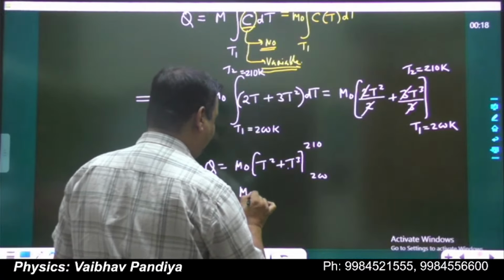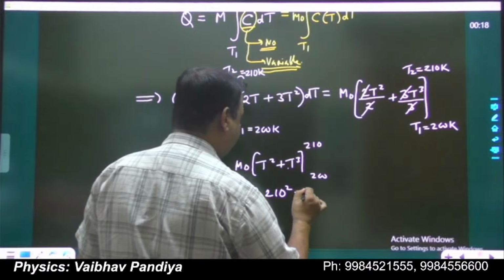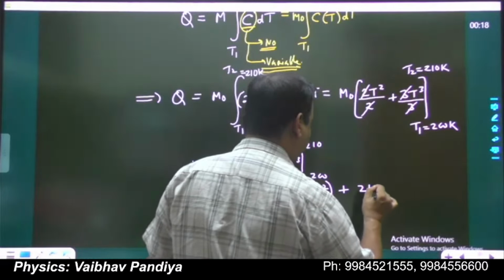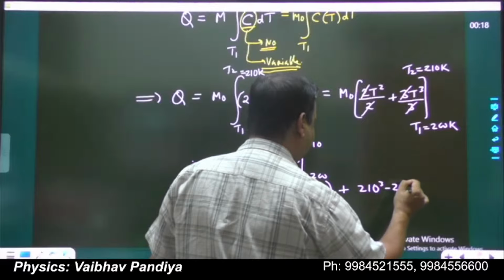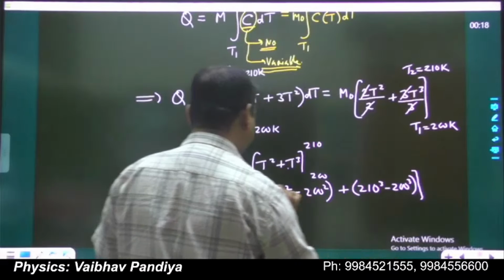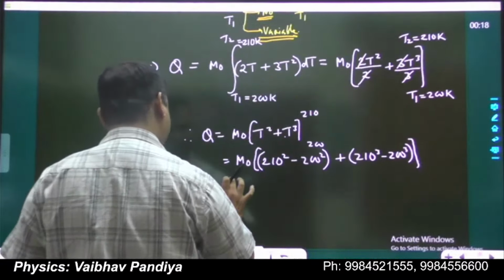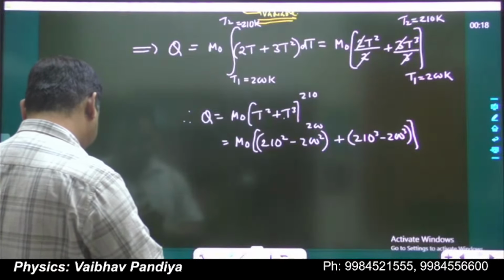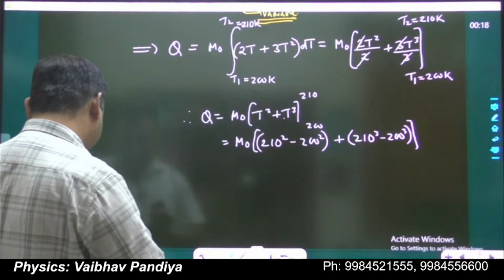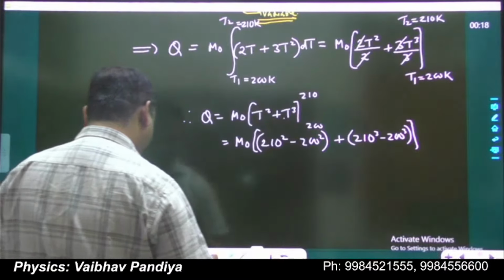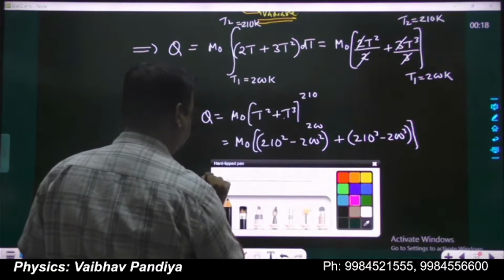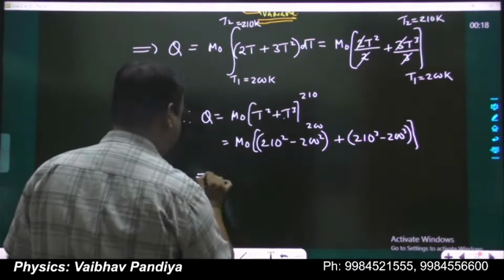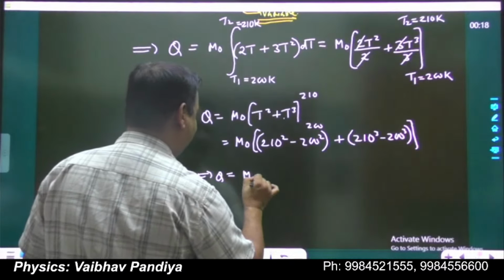So we'll get m naught 210 square minus 200 square. We are putting the limits plus 210 cube minus 200 cube. So you can solve it. What will be the value? So we'll get 210 square minus 200 square. It implies that Q will come to be m naught.